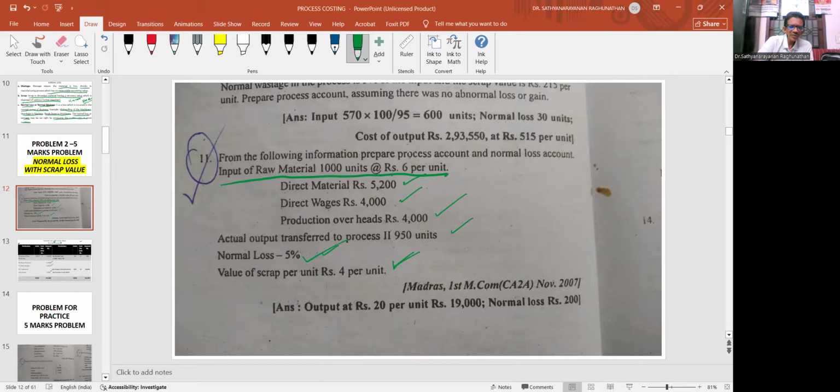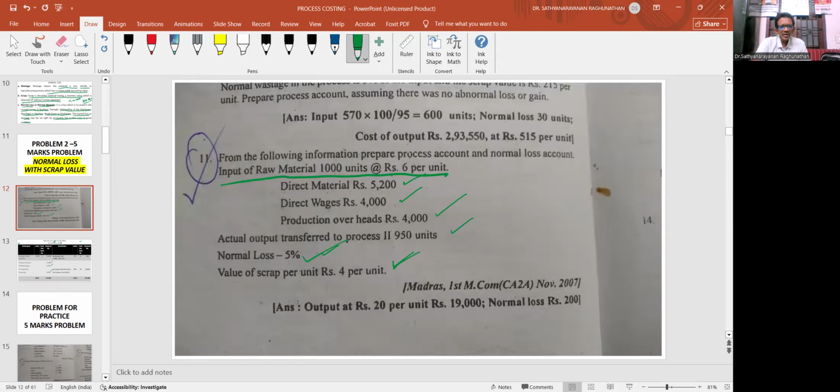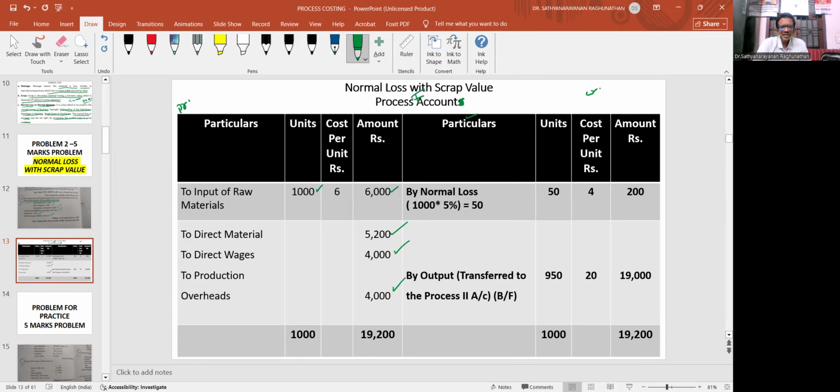Please don't confuse with this. As far as this particular problem is concerned, it involves only the normal loss. Now, normal loss, 5%. 5% of what? 5% of input. What is the input here? This 1000.